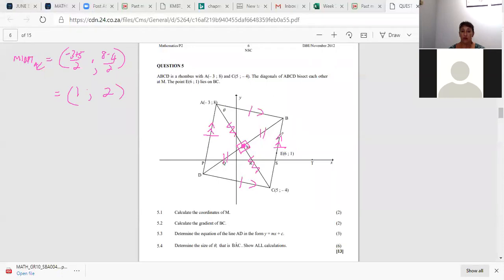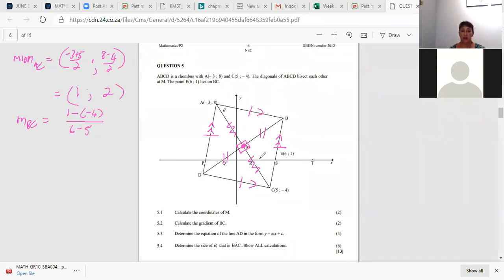Then they want the gradient of BC. BC has 2 points on it, so we can use the gradient formula. So the gradient of BC is y2 minus y1 over x2 minus x1.